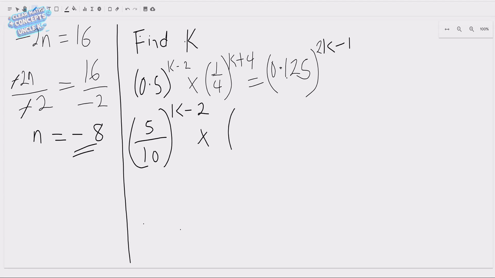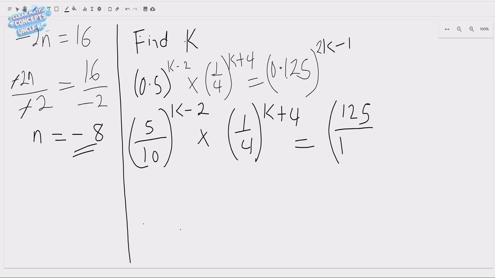So you have multiplied by 1 over 4, you have k plus 4 equals, the same thing applies here, you have 125 over, the decimal becomes 1. So how many digits? 3. You have 2k minus 1.